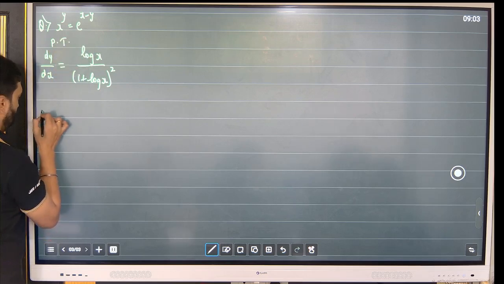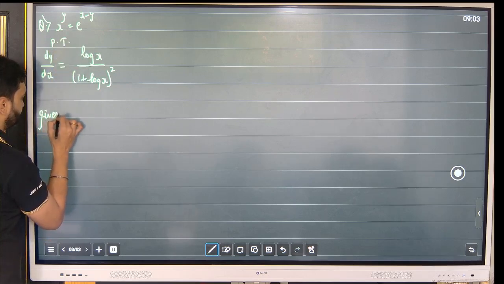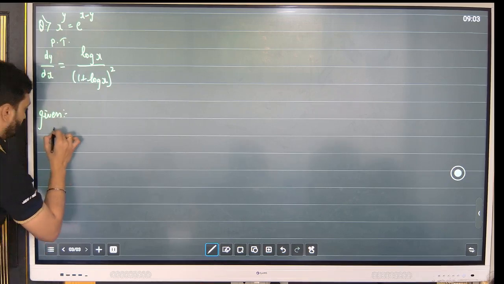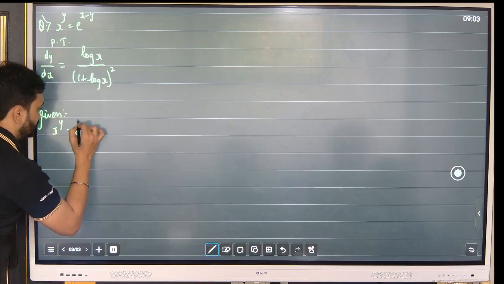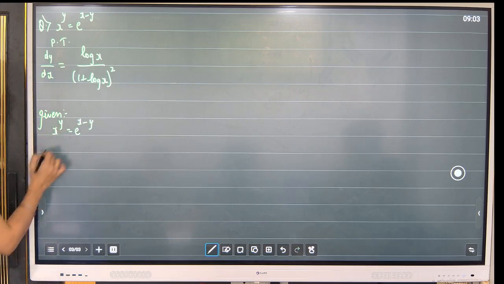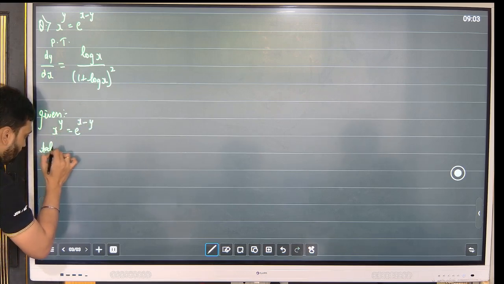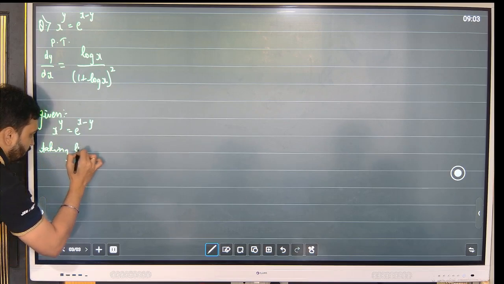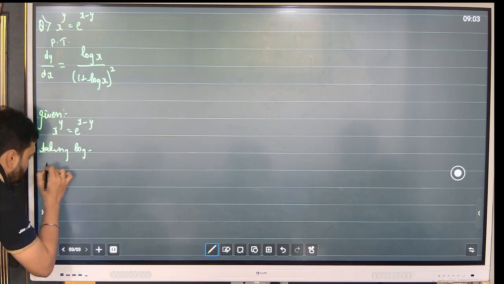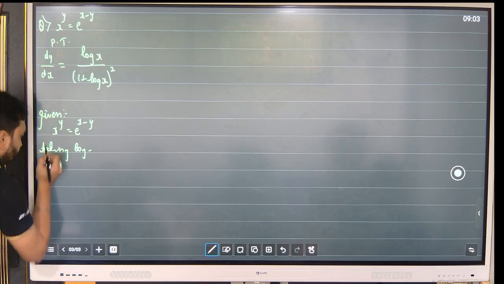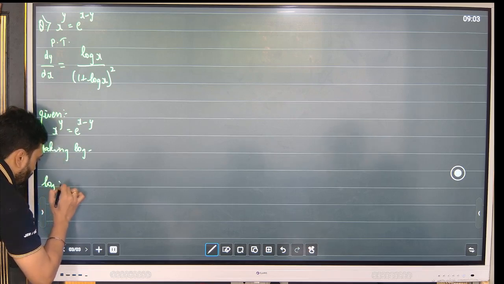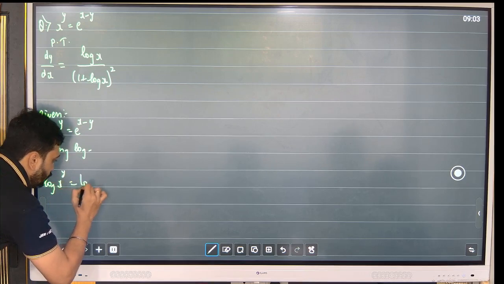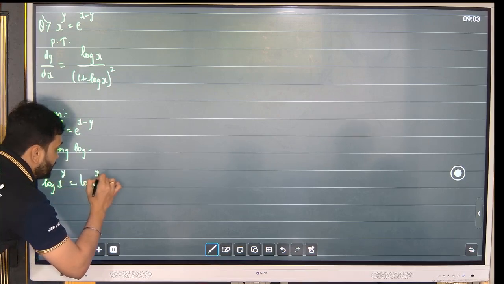So what is given to me? Given is x raised to y is equal to e raised to x minus y. This is function raised to function, so I'll take log on both sides. So log of x raised to y is equal to log of e raised to x minus y.